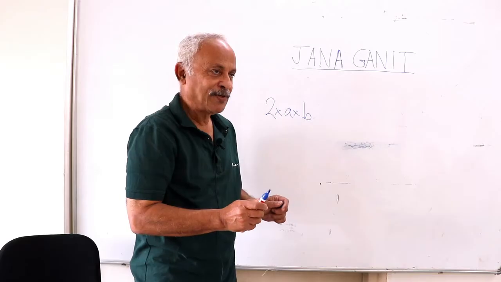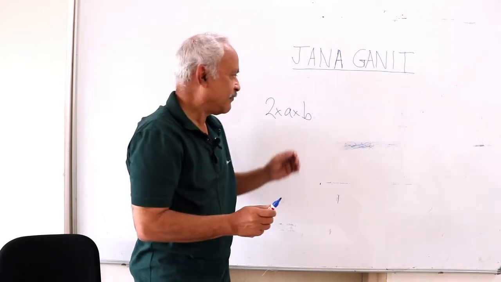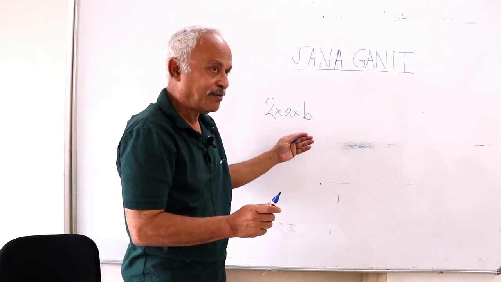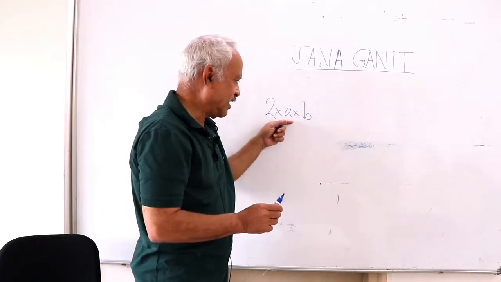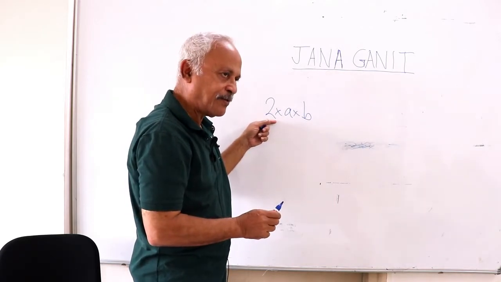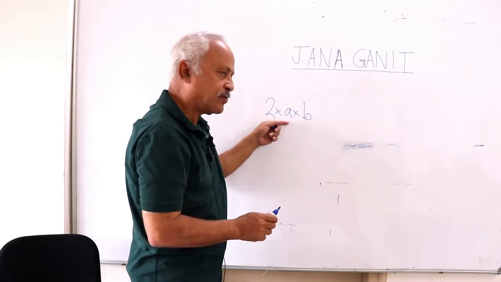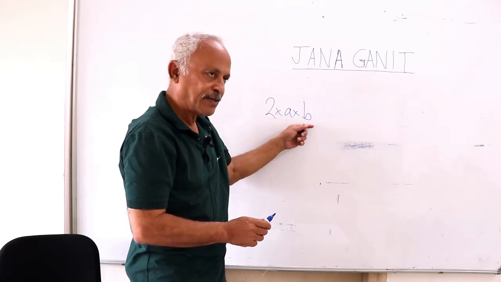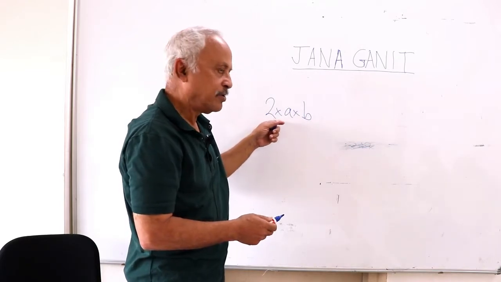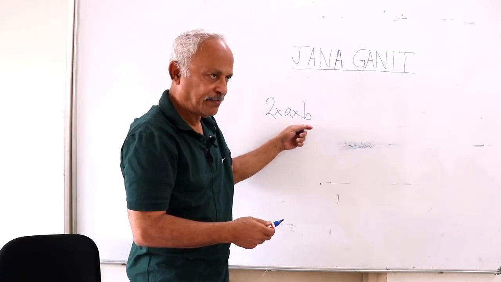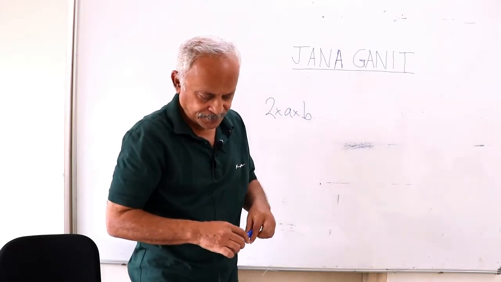What is the factor? If 2 is one factor, the other factor is? This is not A and B. This is A into B. Okay. So A into B is one factor, 2 is one factor. Or we could say that 2A is one factor and B is another factor. Or we can say that there are 3 factors, 2, A and B. Okay.